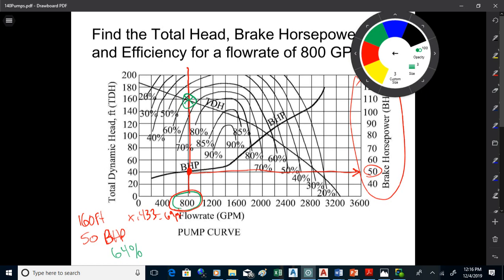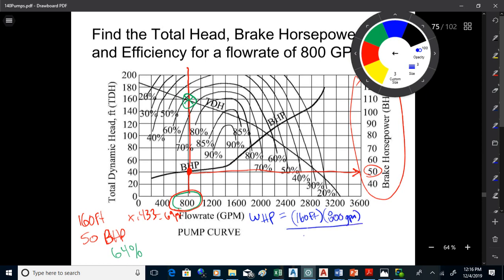Okay, now let's just run a quick set of numbers, because this stuff isn't just stuff on a graph. It should relate to what we've learned. So let's find the water horsepower for this thing. That would be 160 feet times 800 gallons per minute, and then you divide it by the conversion, 3960.